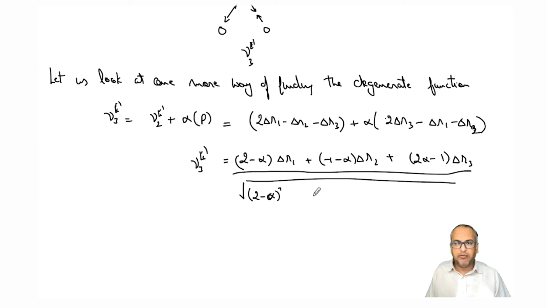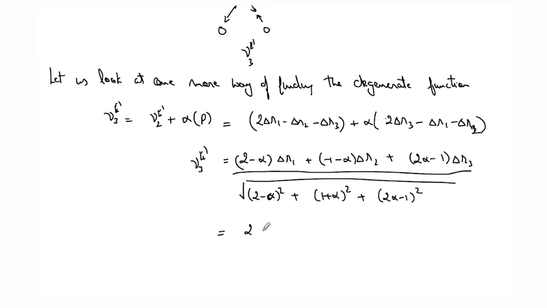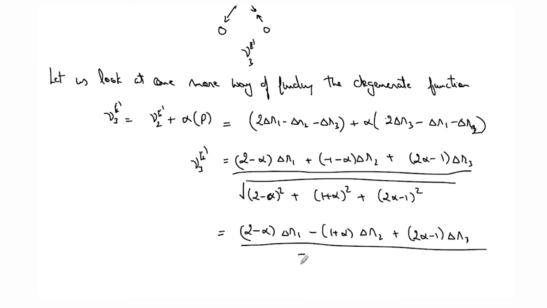So we can write (2 minus alpha) squared plus (1 plus alpha) squared plus (2 alpha minus 1) squared. Simplifying, we get (2 minus alpha) delta R1 minus (1 plus alpha) delta R2 plus (2 alpha minus 1) delta R3, divided by the square root of 5 alpha squared minus 6 alpha plus 6. There is only one variable here, right?